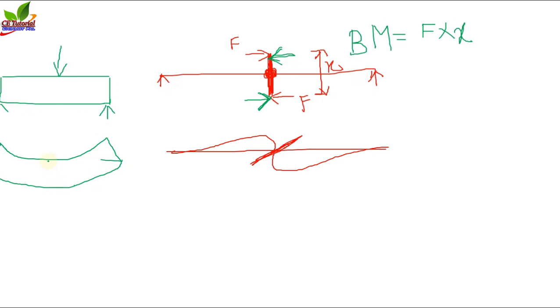And what is actually happening is that in the compression zone the material is applying a force, and in the tension zone the material is applying a force, and these two forces are the same in magnitude, and the distance is X. So in the compression zone, the applied force we denote by C, and in the tension zone, that force we denote by T.